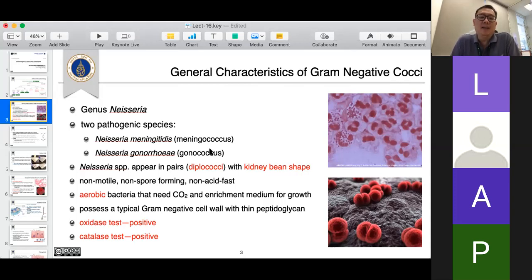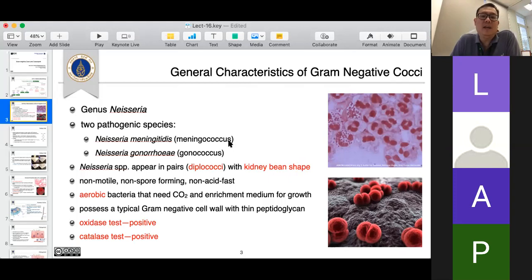Another one is Neisseria gonorrhoeae, which causes gonorrhea. Okay, gonorrhea refers to โรคหนองใน, no? So this is the real gonorrhea. We have pseudo gonorrhea also. Okay.